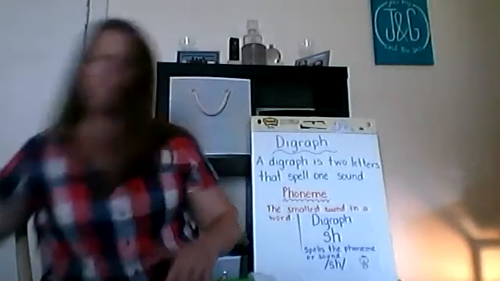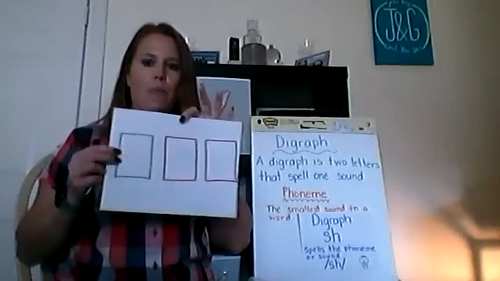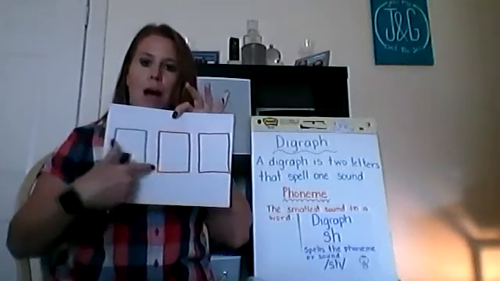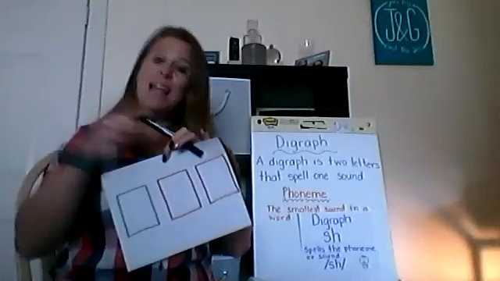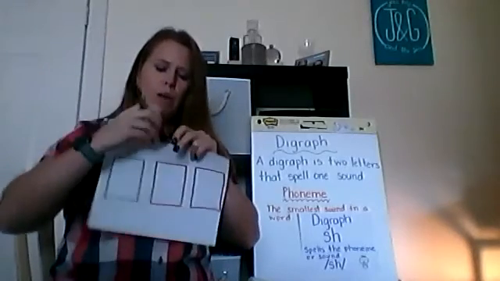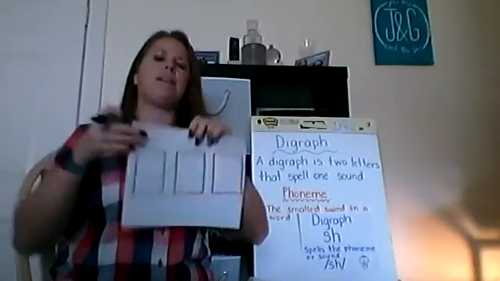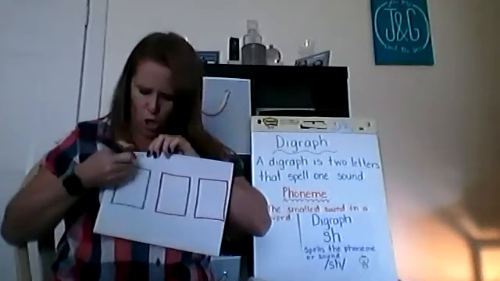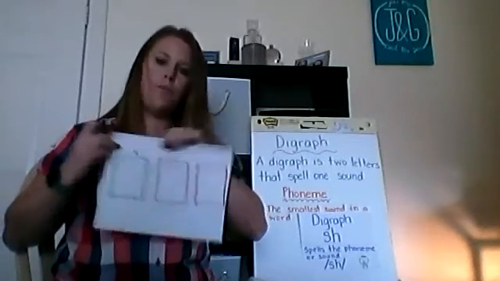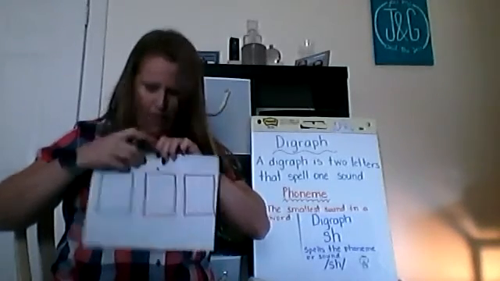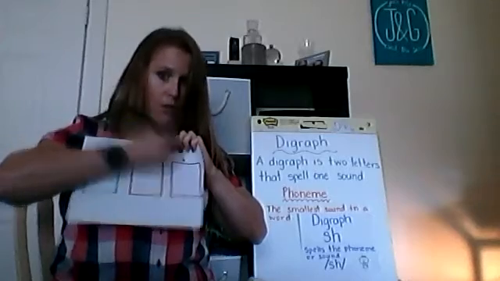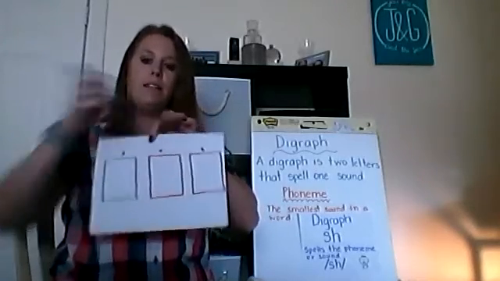So I'm going to look at some boxes here that are going to help me sound out my word. And I have three boxes here because I have three sounds in the word shed. So I'm going to use this marker to help me out here as I sound it out. Are we ready? Sh, d, shed.